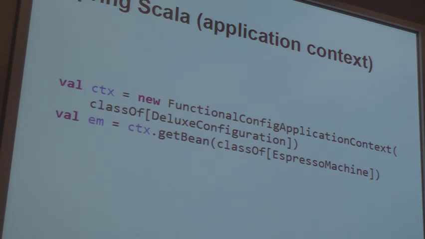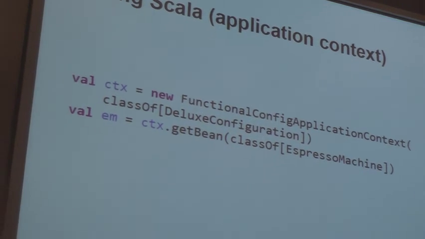And the second part, after you do the configuration, you need to get the beans from the application context, and you do that by creating the functional config application context, which is a quite long class name. And this class comes from the Spring Scala project as well.